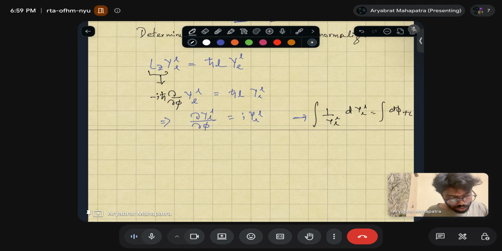Now remember, this is a partial differential equation.